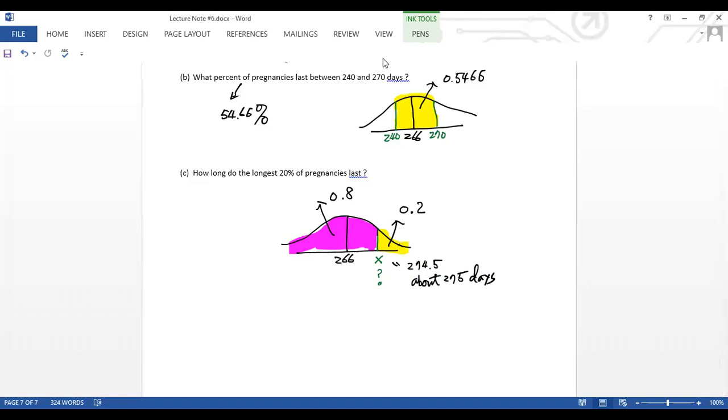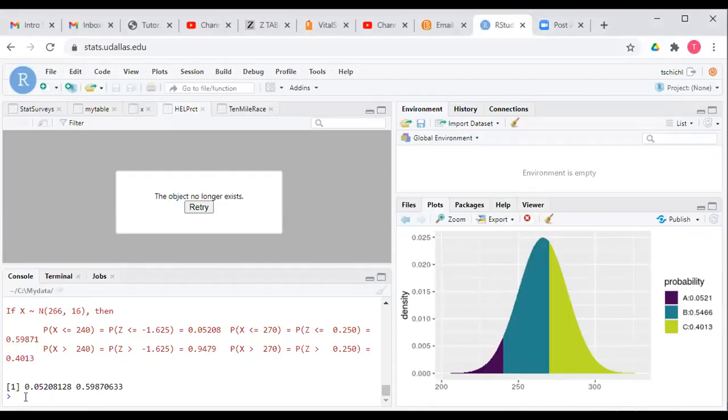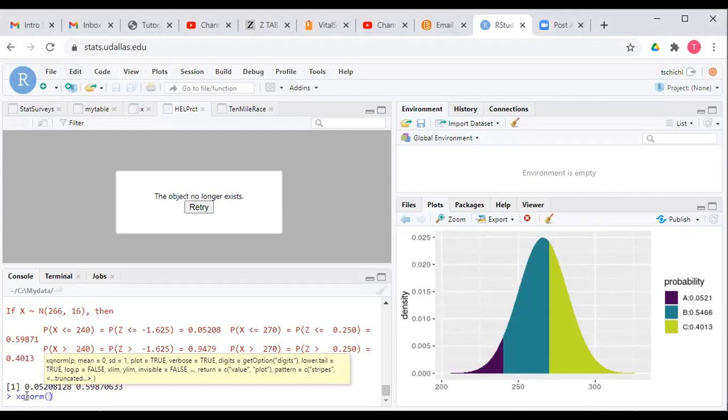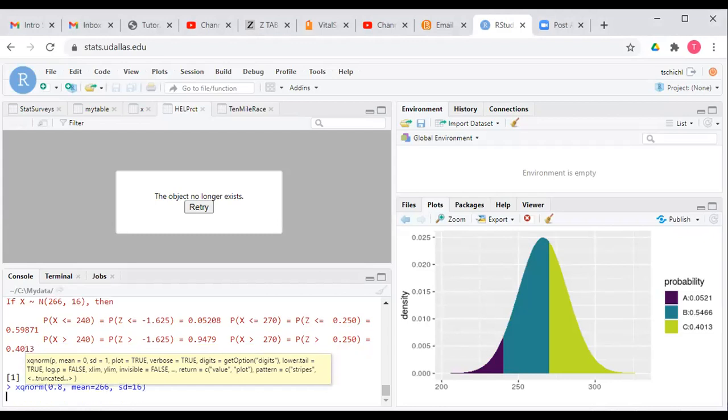Now let's see whether I get the same thing using R. This is one more time to practice R. I'm looking for the x value, so I need to use qnorm. Remember the area is 0.8, so I put 0.8 as the left-hand side. Then the mean is 266 and the standard deviation is 16.